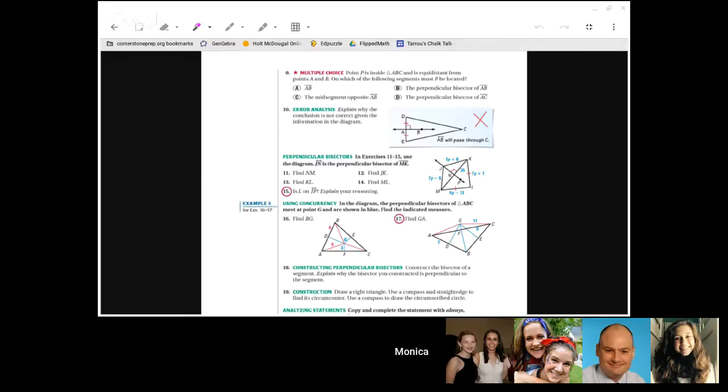If a point is equidistant from the endpoints of a segment, then it is on the perpendicular bisector of the segment. We don't know that it's equidistant from the endpoints, D and E, because there's no information to tell us that those two sides have the same measure. So we can't just assume that it's on the perpendicular bisector because the two sides are not congruent. Does that make sense?